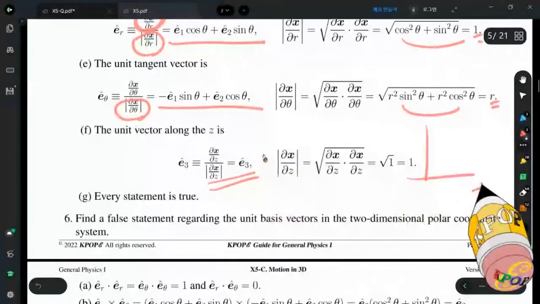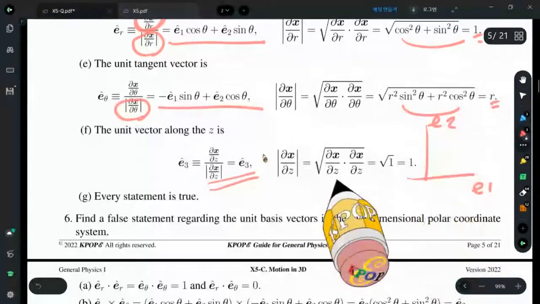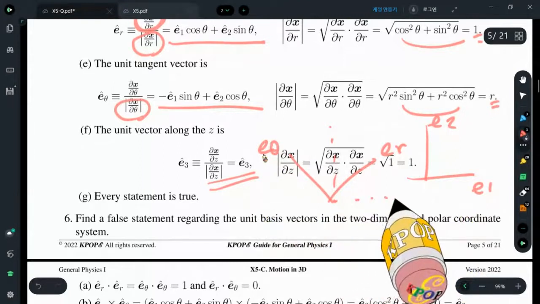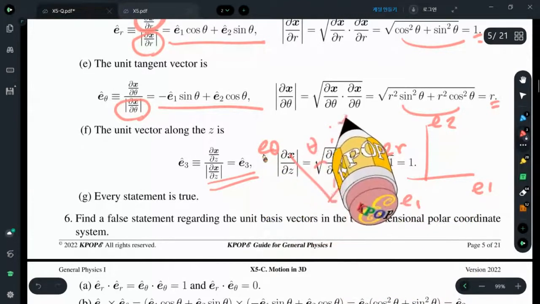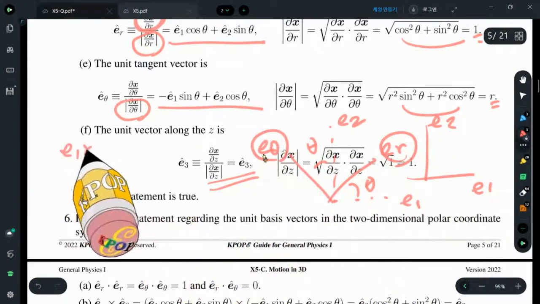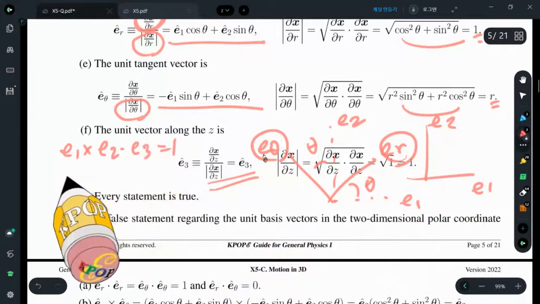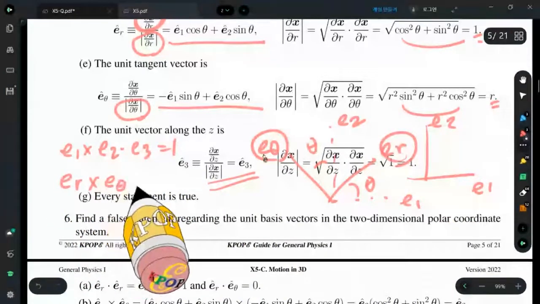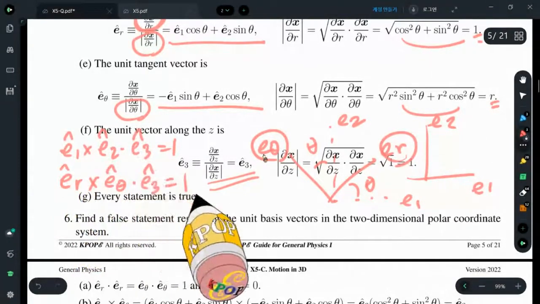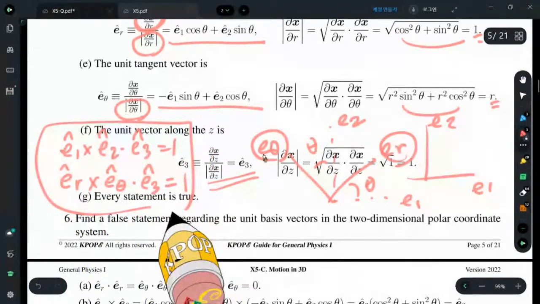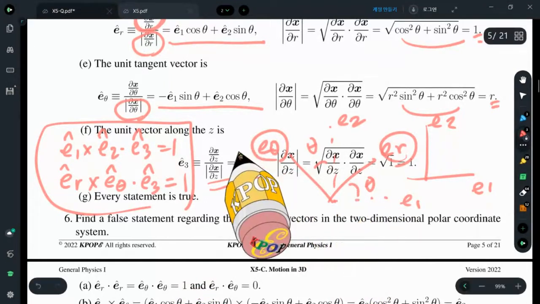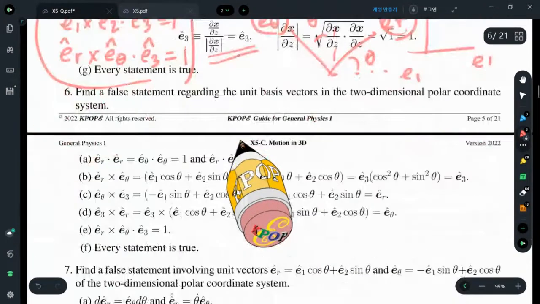Just like E1, E2, and E3, the ER and E theta, this is E1, E2 after rotation, ER, E theta. We remember this one. Just like that, ER, E theta and E3 satisfy this triple scalar product. So orthogonality of the three basis vectors is preserved on the rotation about the z-axis.